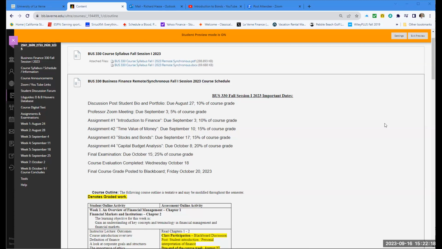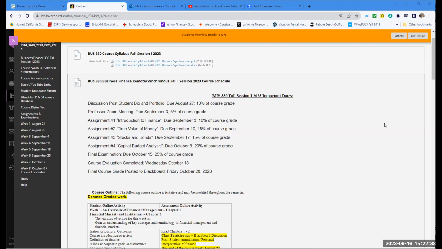That will be a spreadsheet analysis based on my lectures of week 5 and week 6. It'll be a spreadsheet file that you complete. I will give you the template, but you will put together a capital budgeting analysis. This is on chapters 8, 9, 10, 11, and 12.